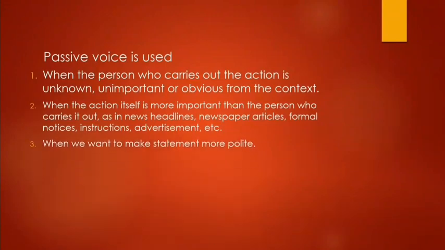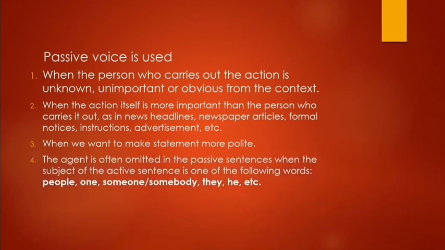Passive voice is used when we want to make a statement more polite. And the last one, the agent is often omitted in passive sentences when the subject of an active sentence is one of the following words: people, one, someone, somebody, they, he, etc.